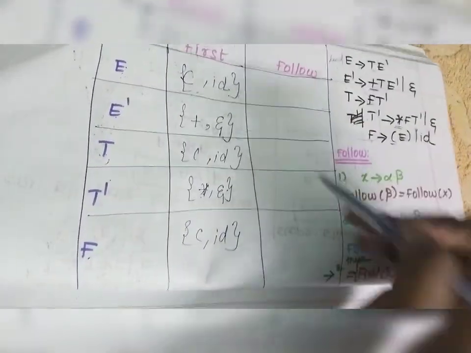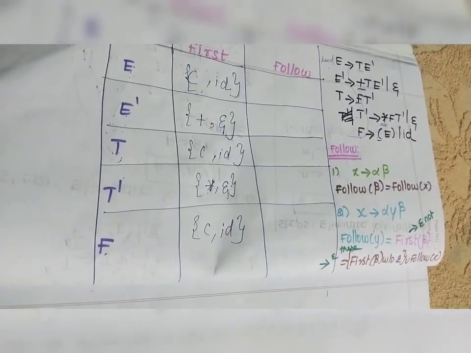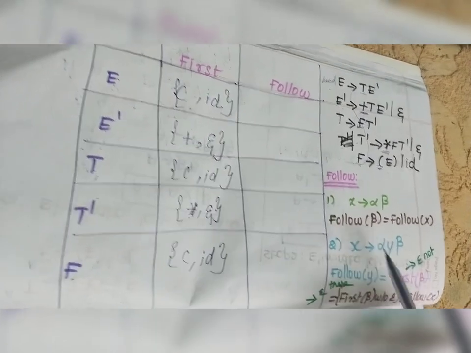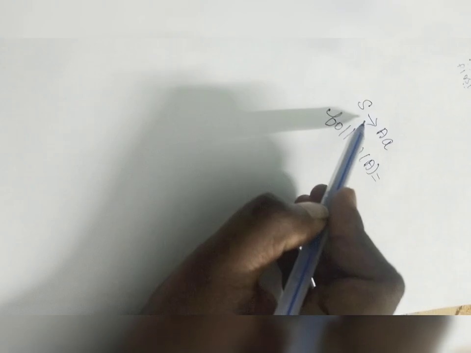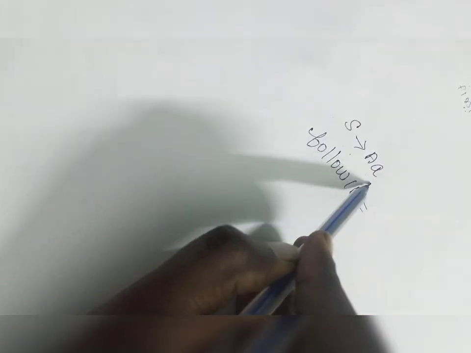Then we have to find the follow position of all the heads. Follow position has two formulas. For example, here we have S tends to AA.